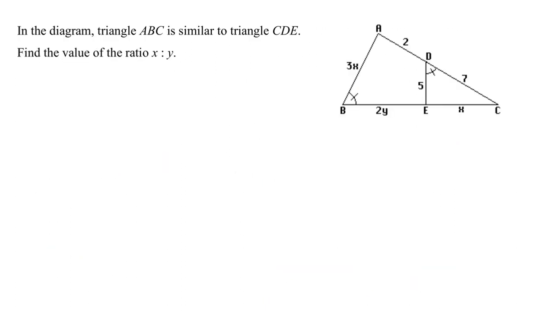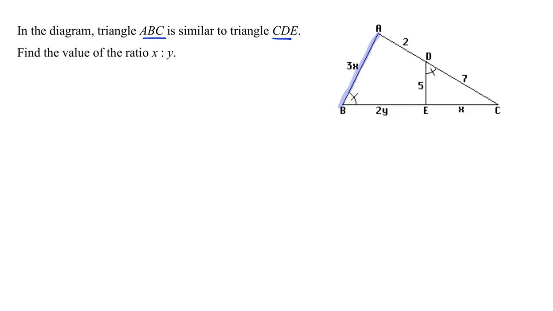Hello everyone, welcome to this problem where we are given that triangle ABC is similar to triangle CDE. Since they give us the order, the very first thing that I'm going to do is draw another triangle.